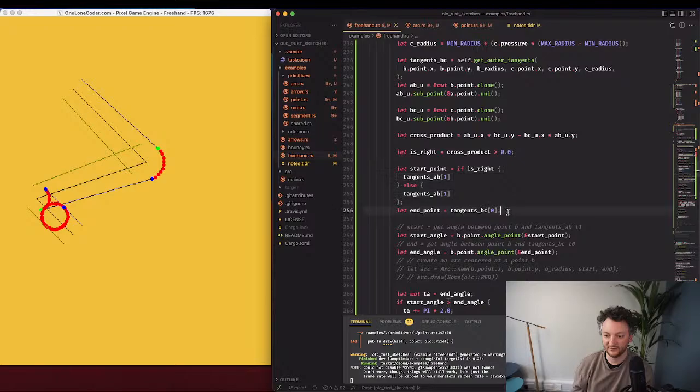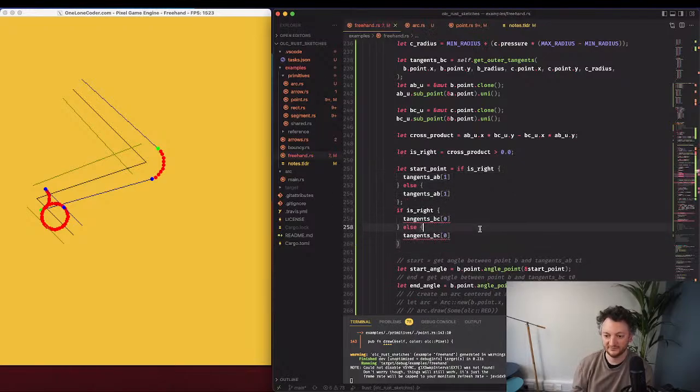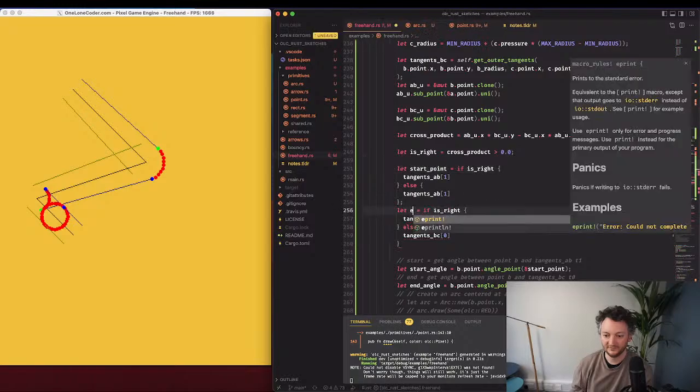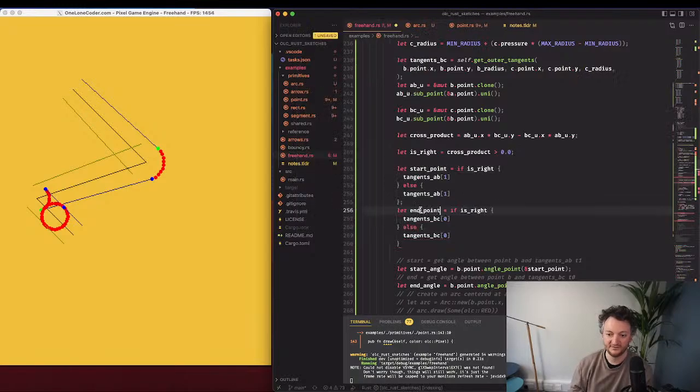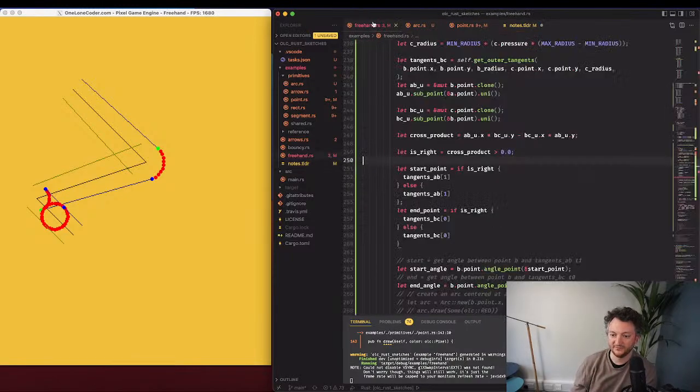And likewise, this is going to be BC0, unless it is, okay. So on a left-hand turn, this is going to be T3, this is T2. It's going to start at T1, go to T0. So T1, AB1, if it is a left-hand turn.